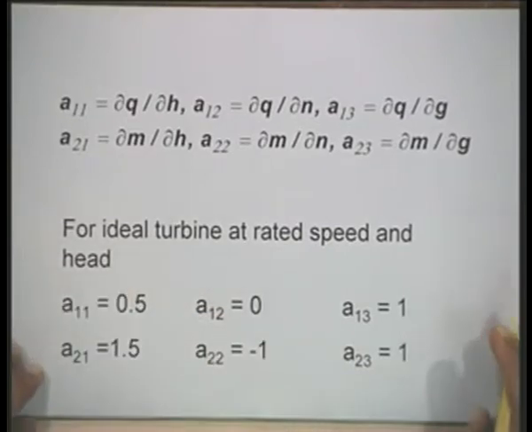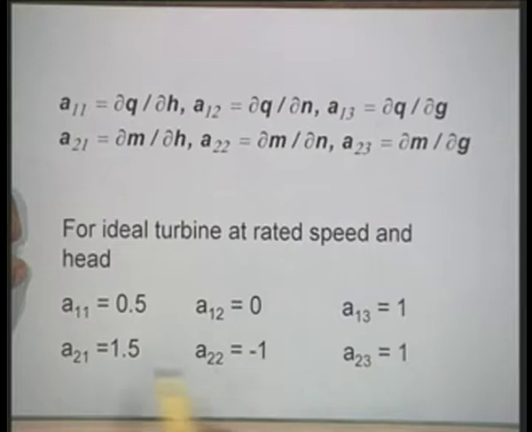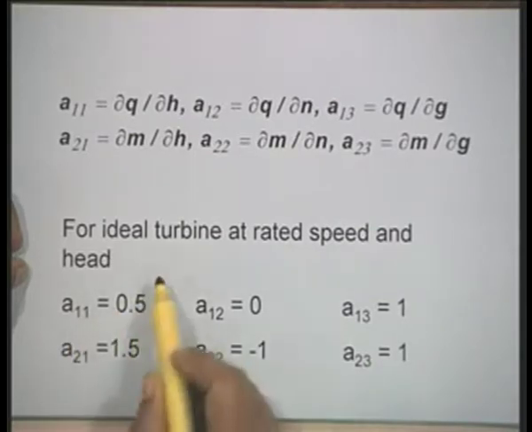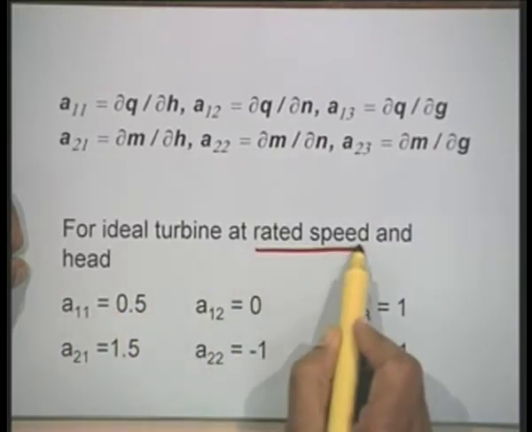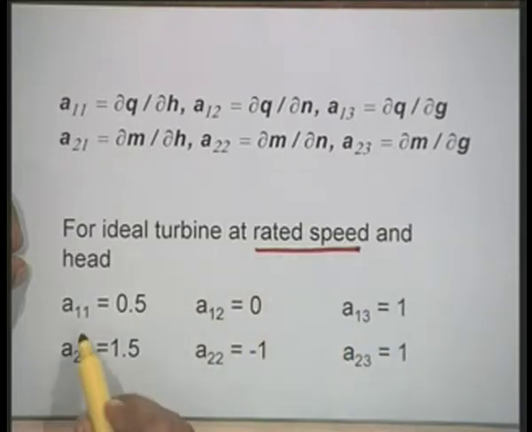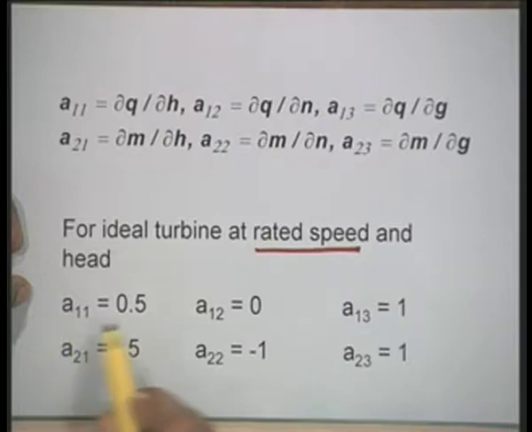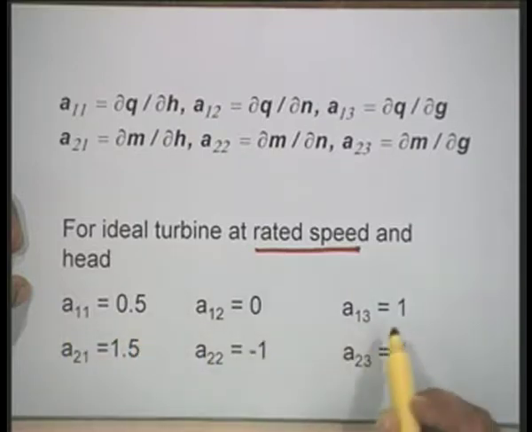For an ideal turbine, which is normally considered to be a lossless turbine, at rated speed these coefficients have values A11 is 0.5, A12 is 0, A13 is 1, A21 is 1.5, A22 is -1 and A23 is 1.